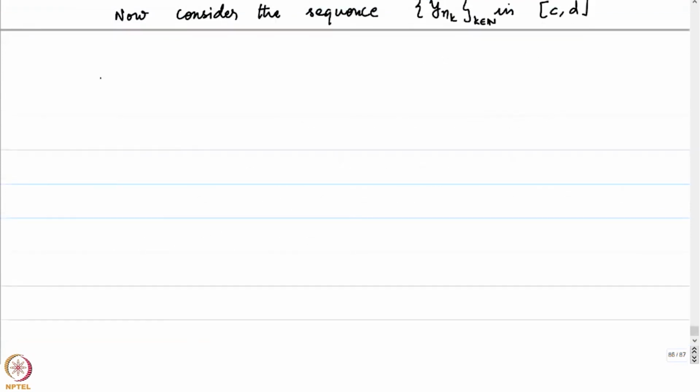Now we have just shown that CD is sequentially compact. So now there exists a further subsequence which converges in CD. And remember that the nk's are obtained by considering a subsequence of xn's. Therefore, whatever subsequence you take further, that will again converge to the limit of xnk itself.